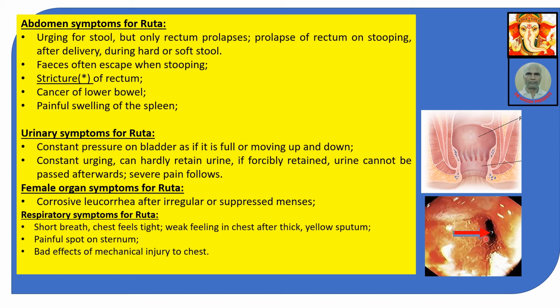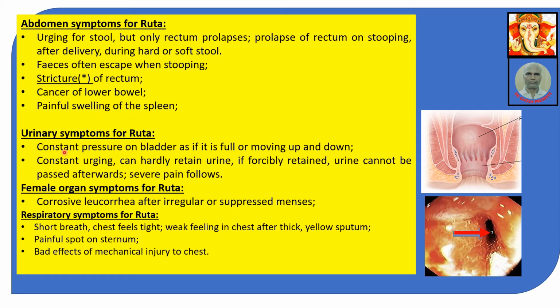There is some internal growth, not muscles actually, these are inflammatory swelling, then formation of fibrous tissue, leading to constriction of the channel. The diameter of the channel is minimized. This is called stricture. Cancer of lower bowel, painful swelling of spleen, that is not shown in the picture.